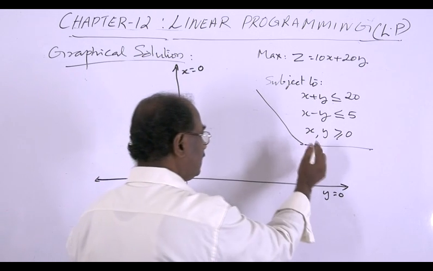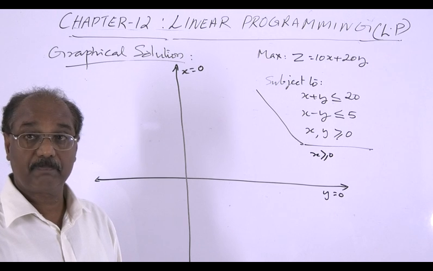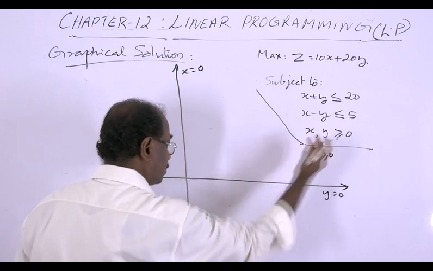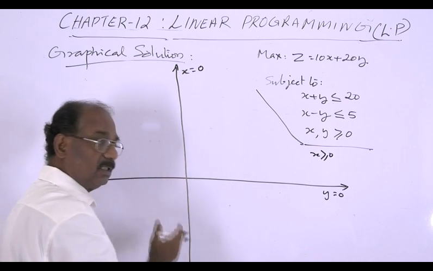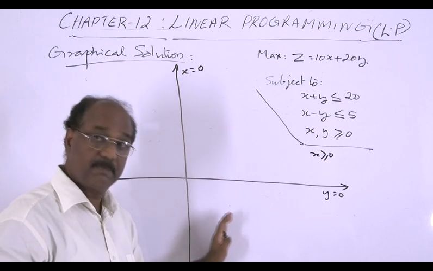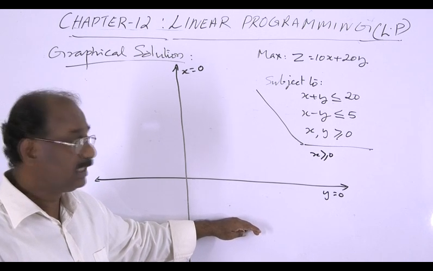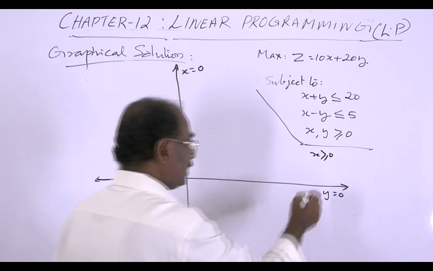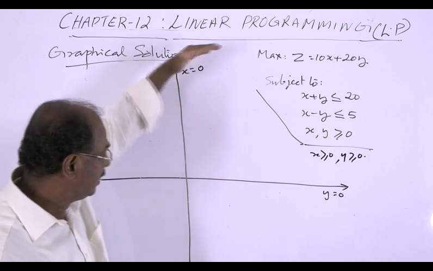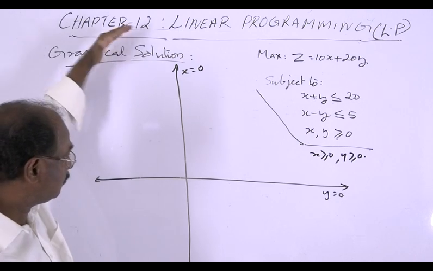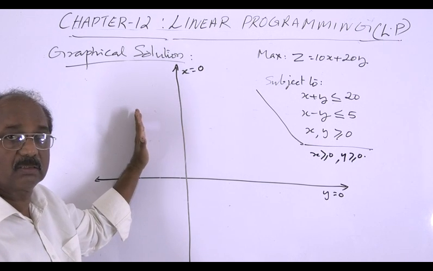Now identify x greater than or equal to 0 first. The region x greater than or equal to 0 is the right side of the y-axis, this half plane, which constitutes the first quadrant and the fourth quadrant. Similarly, y greater than or equal to 0 is the portion above the x-axis, which constitutes the first quadrant and the second quadrant.